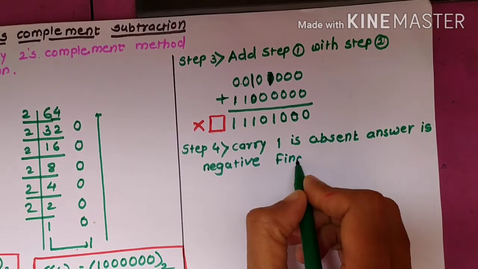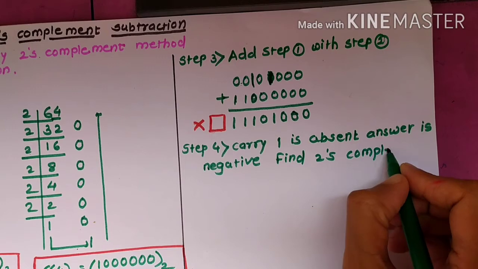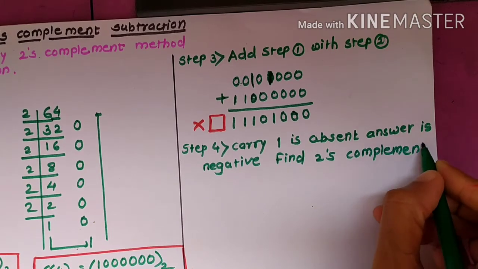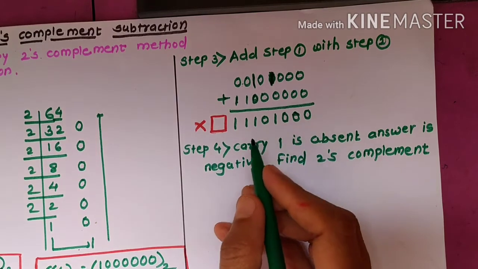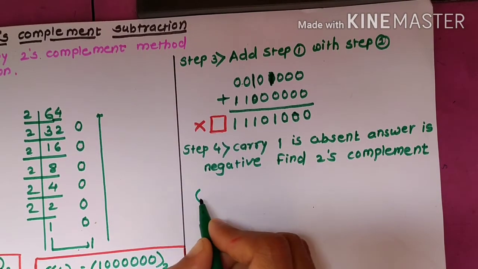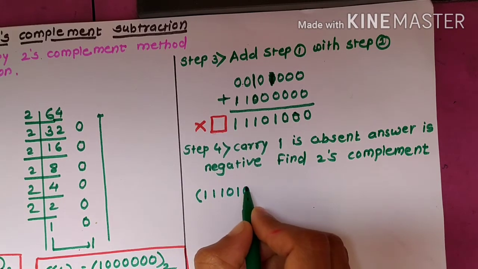Find 2's complement. Okay, what is the 2's complement of this number? So first I will write the number 11101000.